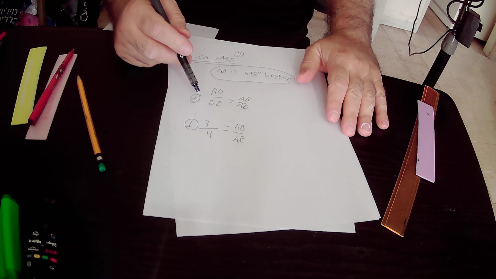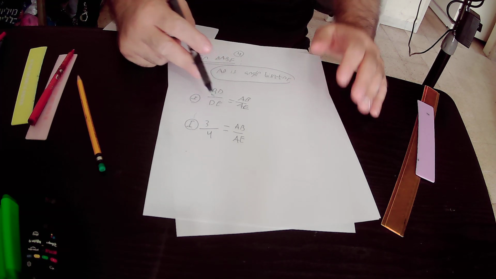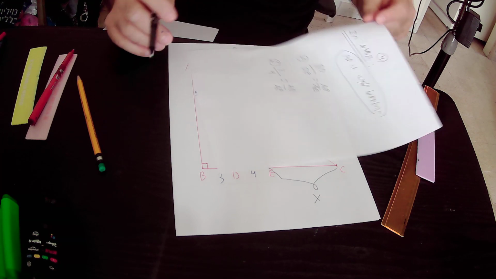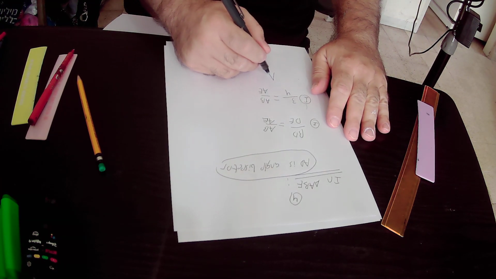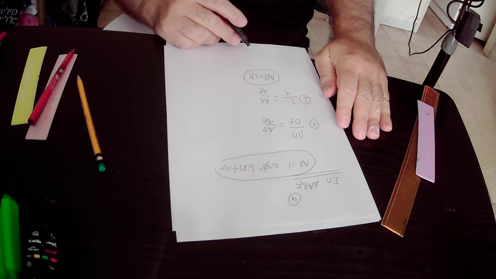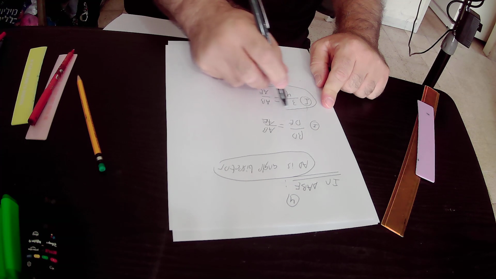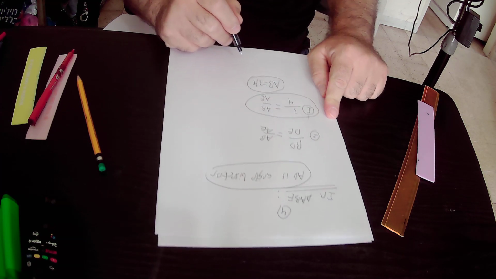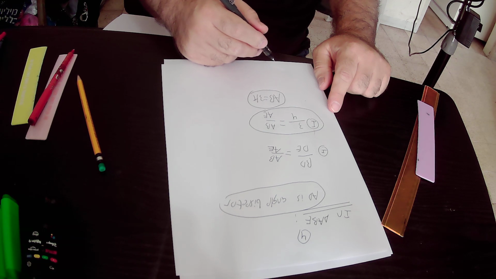In the next step we will define AB as 3K, and we will find out the value of AE. So we will substitute AB in equation number 1 by 3K, because AB equals 3K according to our definition.